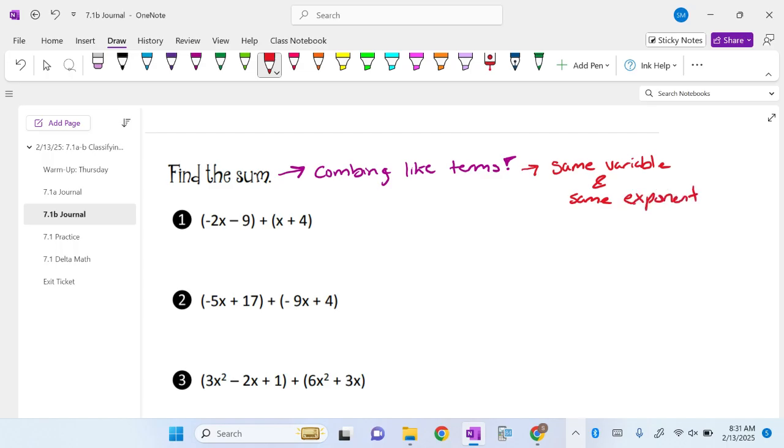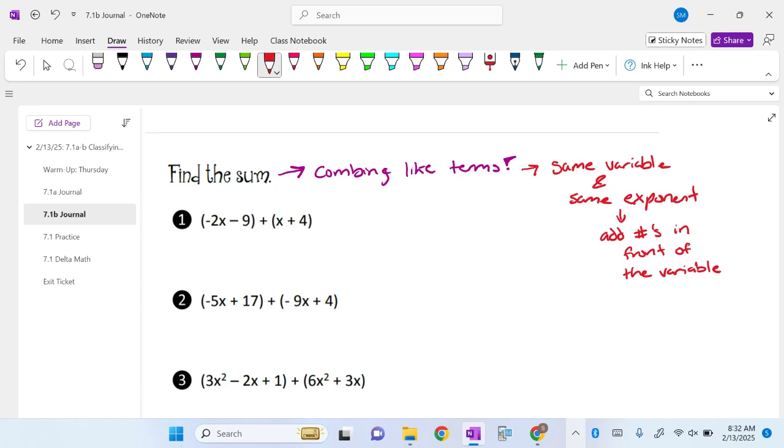And all you do is add the numbers in front of the variable. You do not change the exponent in the variable. You do not change the variable itself. All you do is adding numbers.